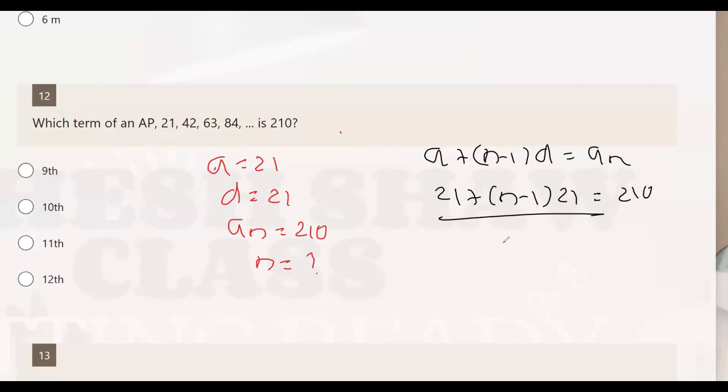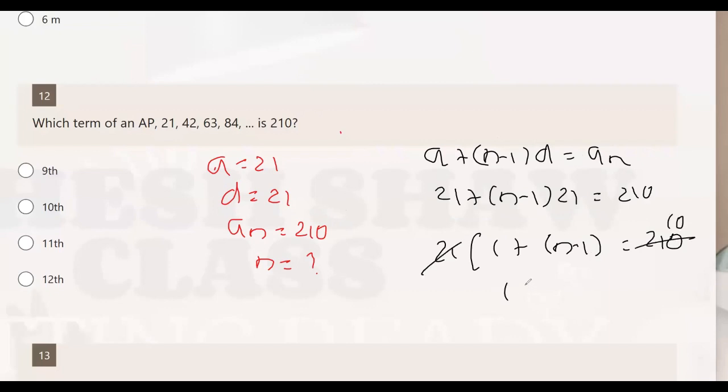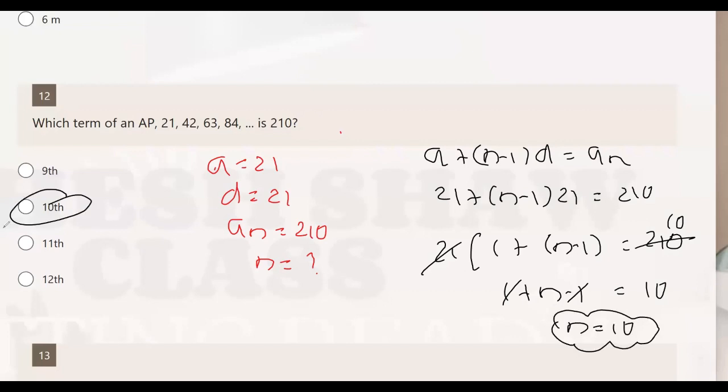I can take 21 common: 1 plus n minus 1 is 210 divided by 21. So we are getting 1 plus n minus 1 is equal to 10. The minus 1 and plus 1 get cancelled. So n is equal to 10. So the 10th term is the correct answer for this.